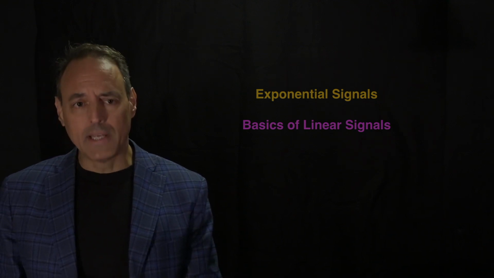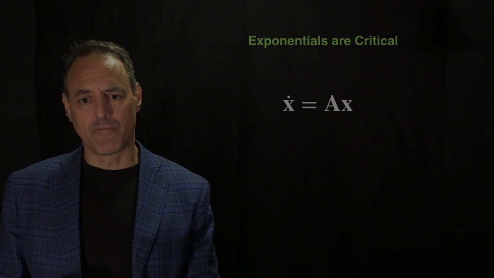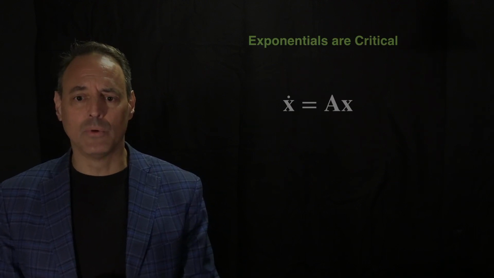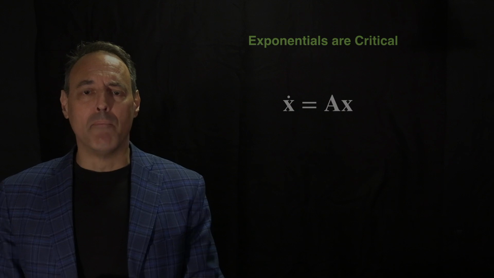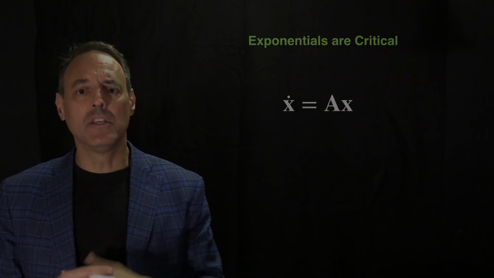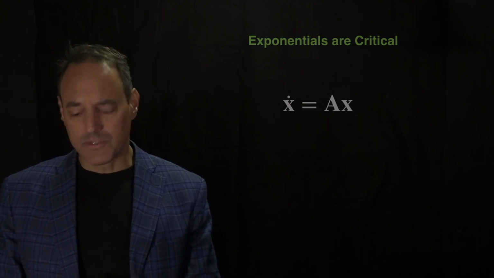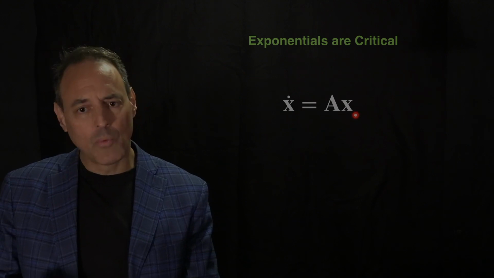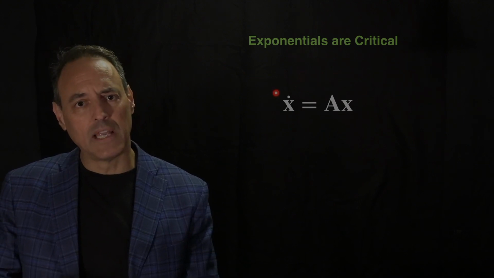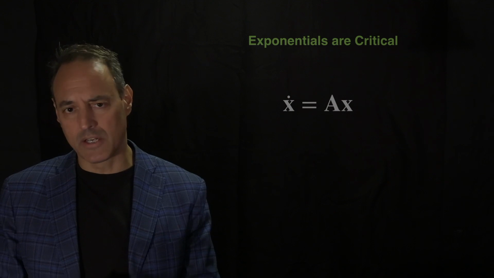Now, why are exponentials foundational? It really gets back to measuring, for instance, initially a continuous signal and a linear signal. One way to think about it is a solution of a linear differential equation, x dot equals Ax.